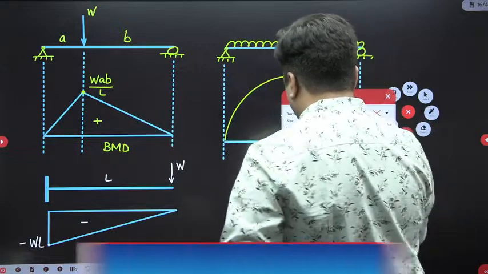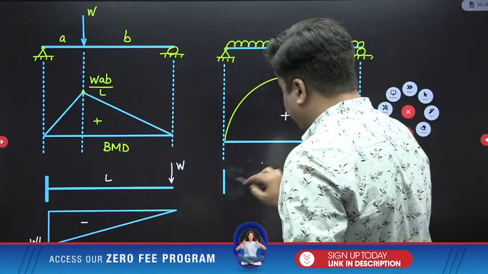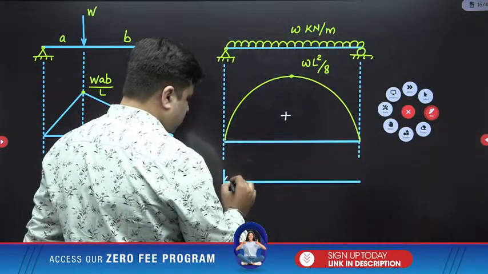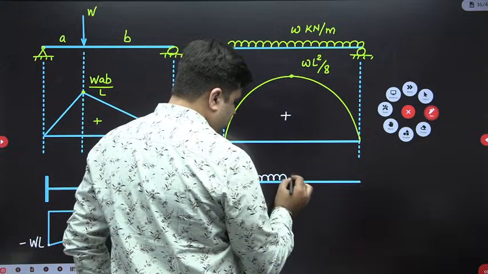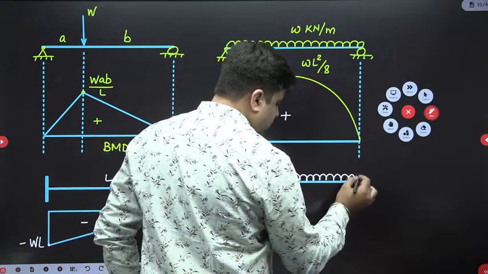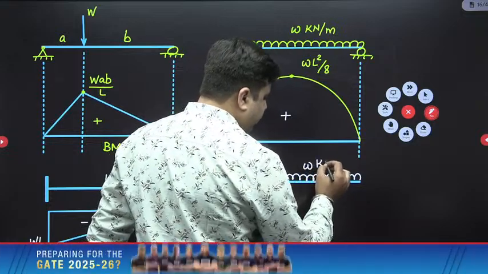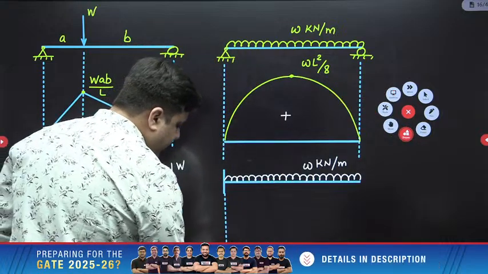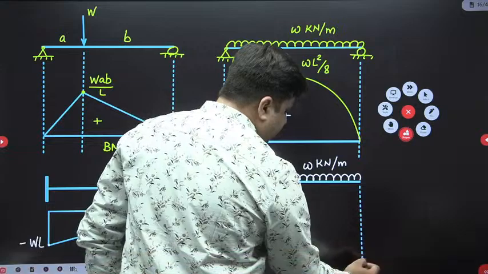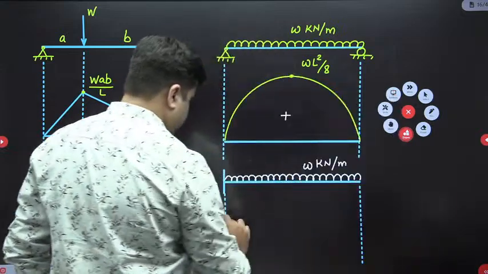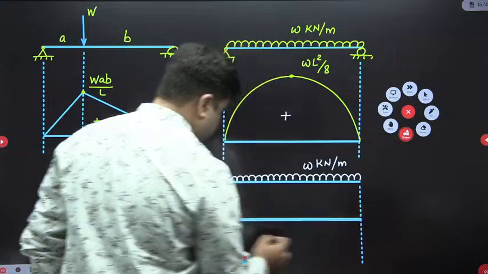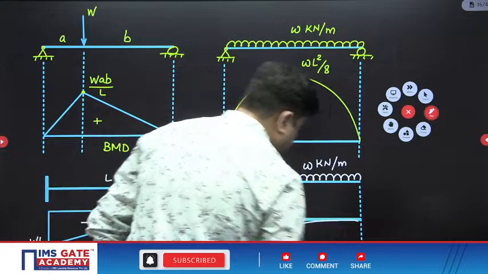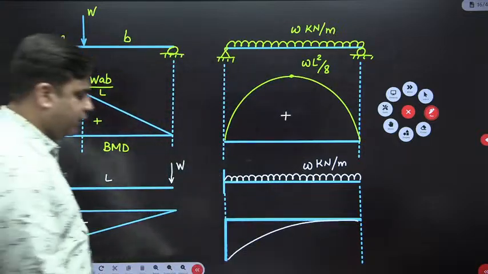If you have a cantilever beam which is subjected to UDL over its entire length, and this is W kilonewton per meter, then the bending moment diagram will be parabolic, a downward opening parabola, and this value will be negative here.